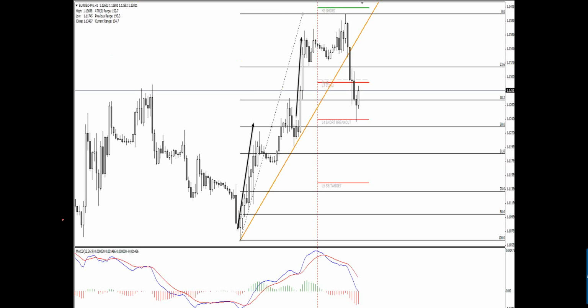This is another example, and this is basically what we had today on euro dollar.